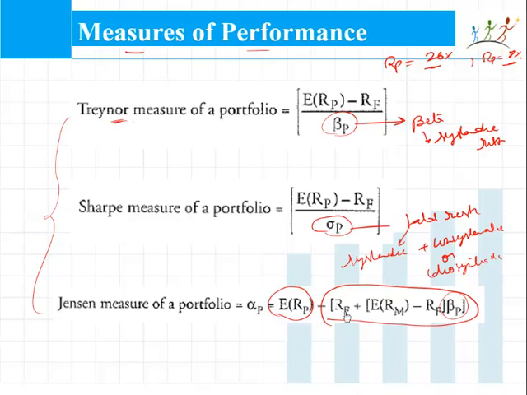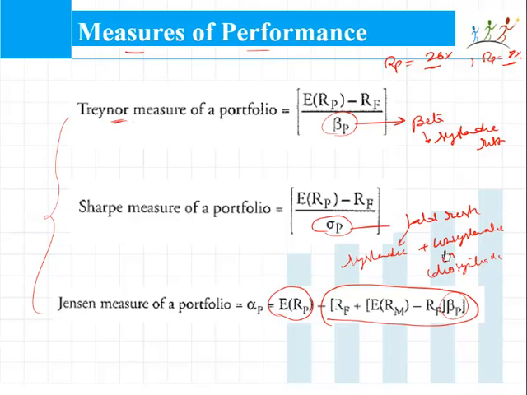So if so much is the CAPM required return and your portfolio has given something more, then you have given a higher return as compared to what was justified by the risk of that security. So the additional return can be attributable to your fund management skills or your market timing skills or your stock selection skills. So all these three measures may give different rankings at times.